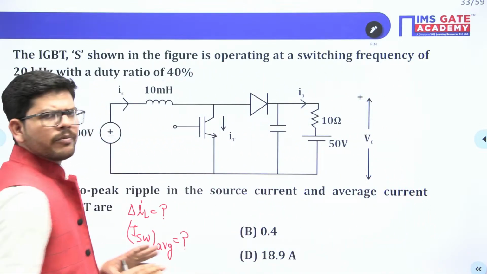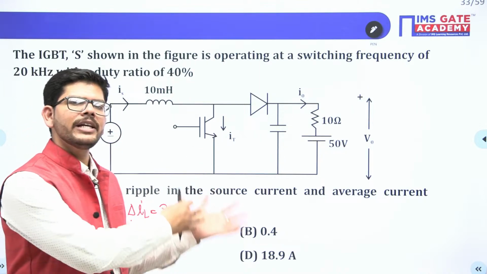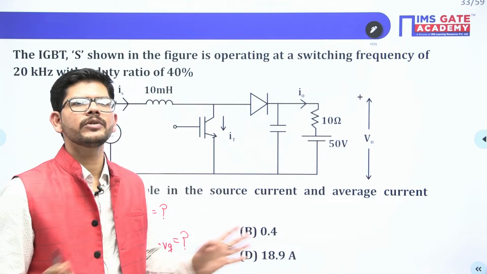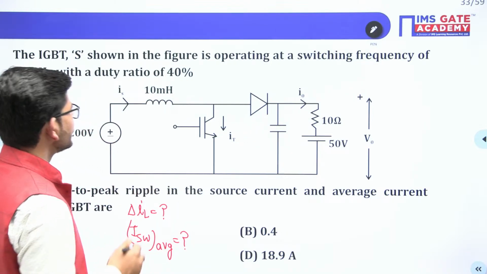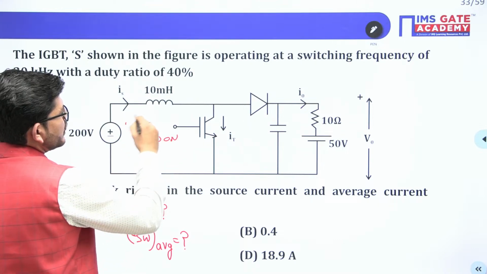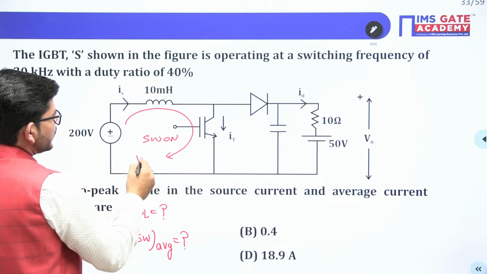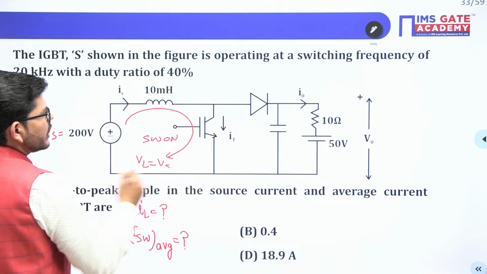We don't remember what is the formula of del IL. So, the approach we initially applied for the buck converter, the same approach you will apply here for the boost converter as well. So, guys, tell me, when the switch will be on, what will be the inductor voltage? The inductor voltage will be equals to Vs, isn't it?